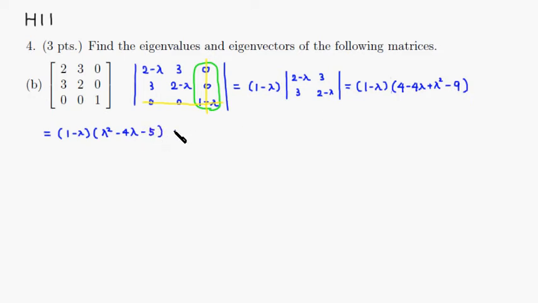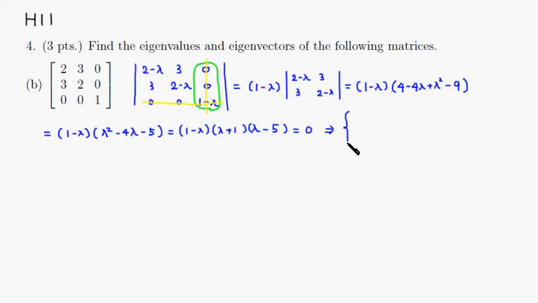We can further factor this: 1 minus lambda, then a quantity with lambda and a quantity with lambda, plus 1 and minus 5 would work. We set that equal to 0, since we want this determinant to be 0.